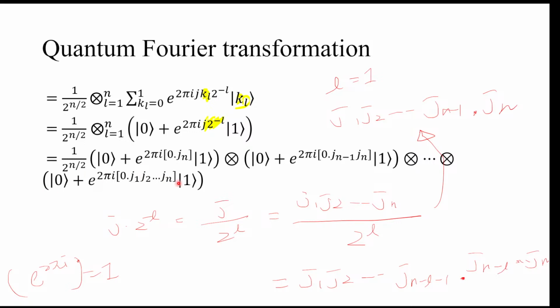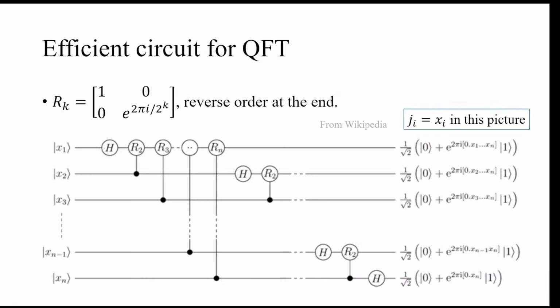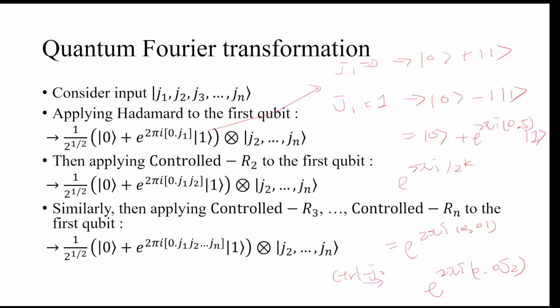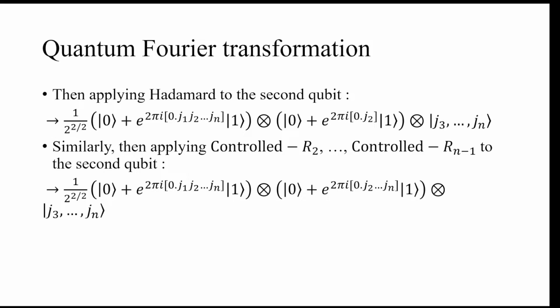Only the last qubit depends on j1, so you can just transform j1 into this thing, and then you can do j2, because now you cannot access j1 anymore since the j1 qubit got transformed. But all those things don't depend on j1 anyway. So now you just do j2. Similarly, you do Hadamard, you get 0.j2 here, and you do all those control rotations and get all the following things.